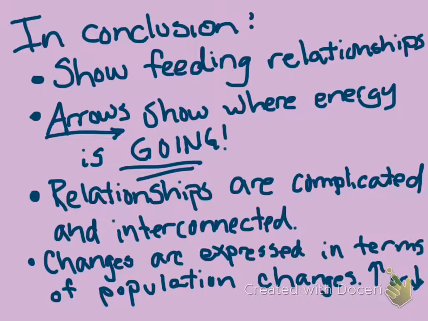In conclusion, we're pretty much done here. Food webs and food chains show feeding relationships. You guys can write this down. Arrows show where the energy is going.